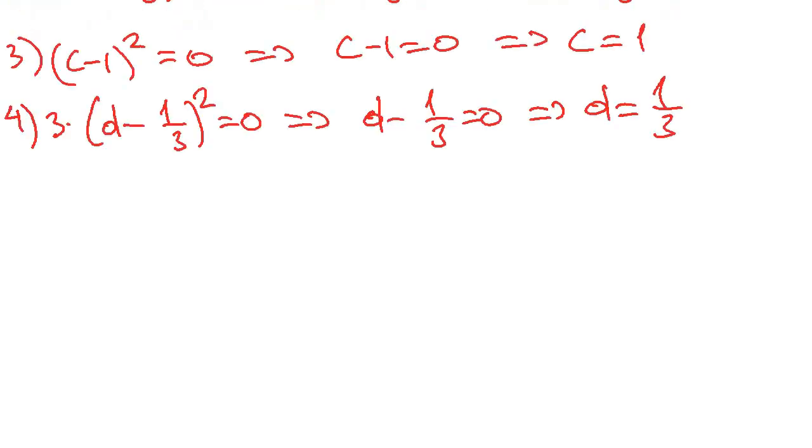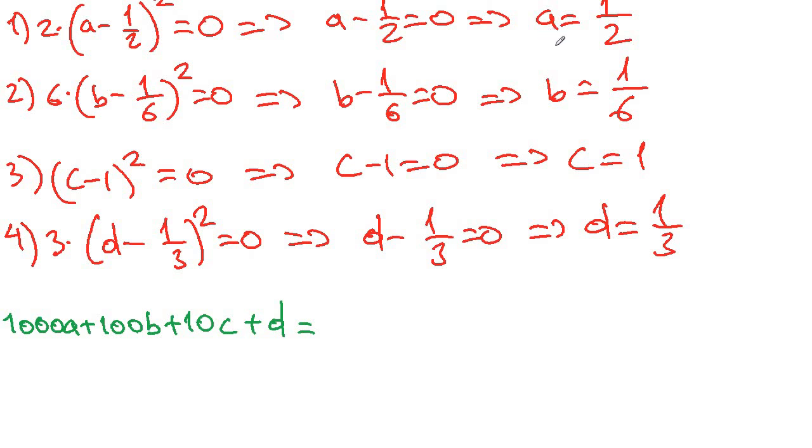So 1000a plus 100b plus 10c plus d, and this one is equal to, so now it's easy to see that we have to plug in each value of a, b, c, d, and I will get the desired answer.